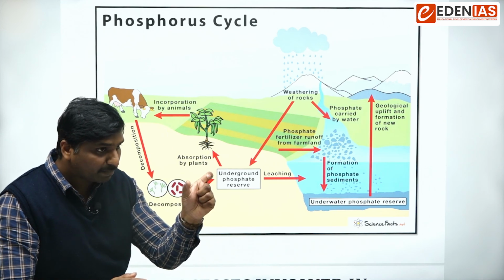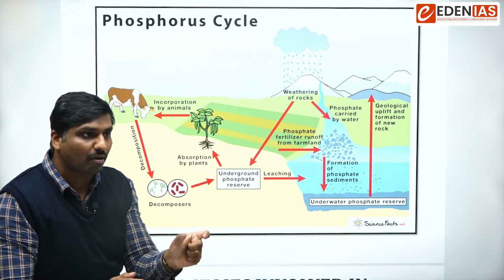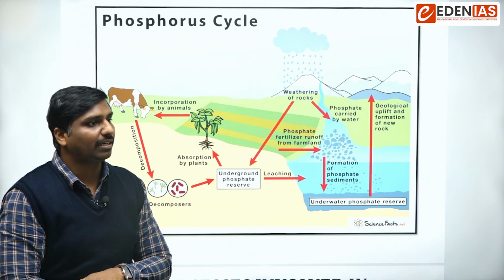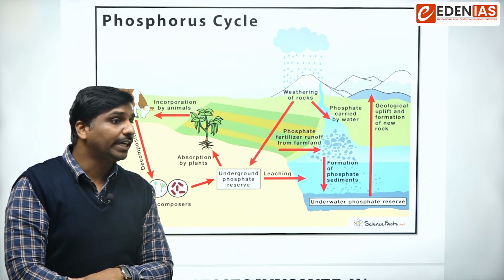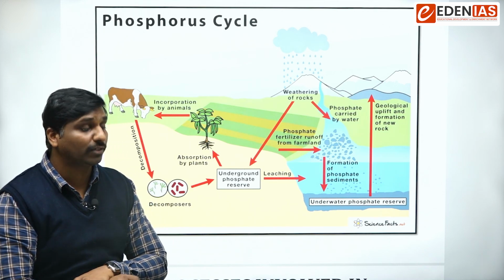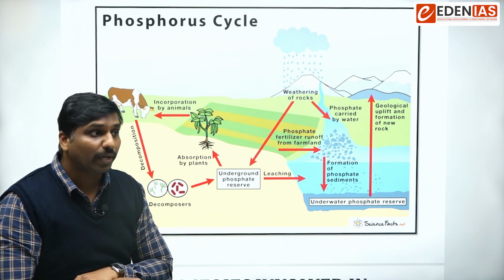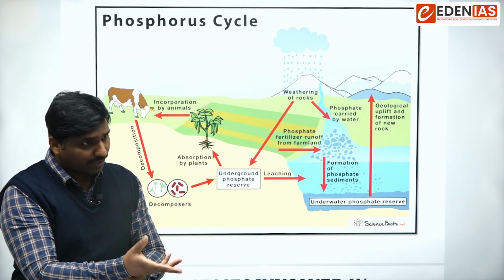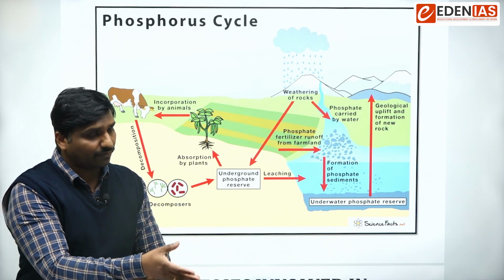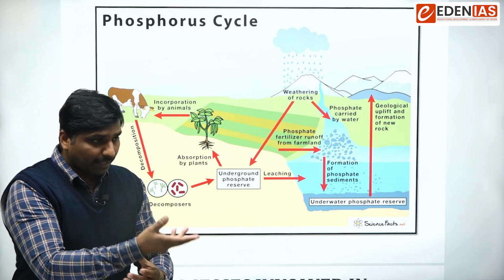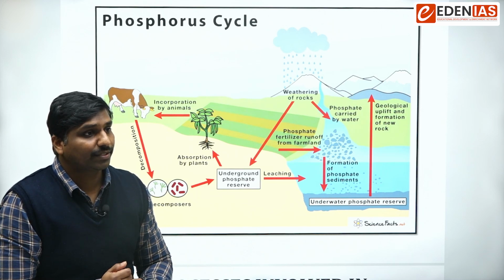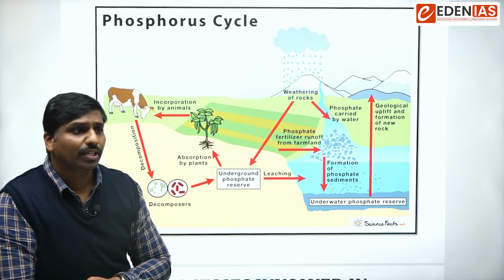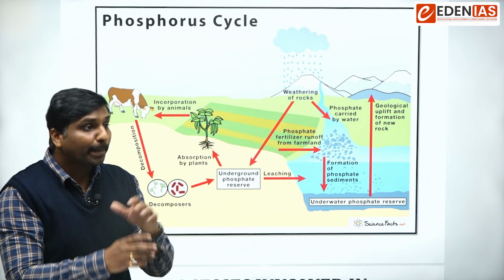As phosphorus is chiefly stored in rocks, we classify it under the sedimentary cycle. Phosphorus is one of the vital nutrients responsible for the survival of life, for photosynthesis, chlorophyll, nucleic acids, and ATP.